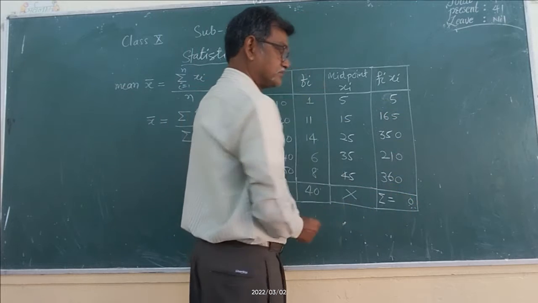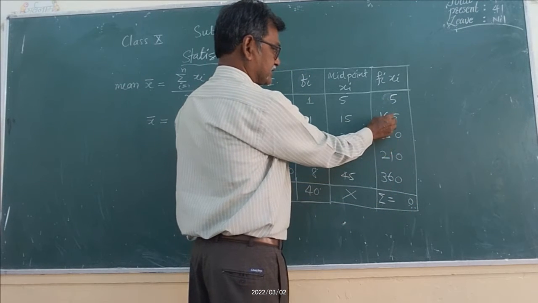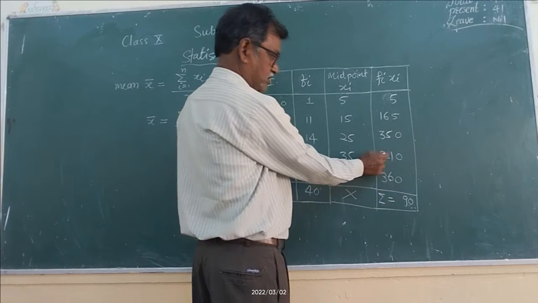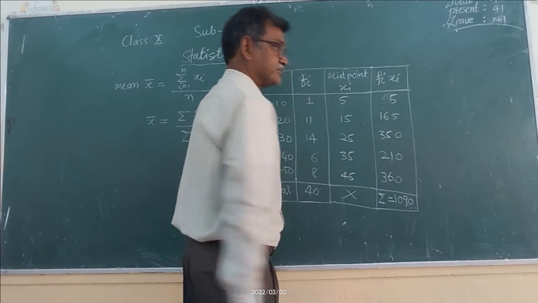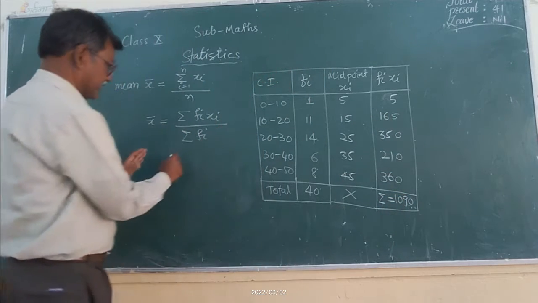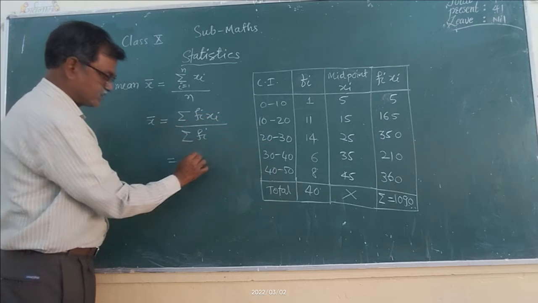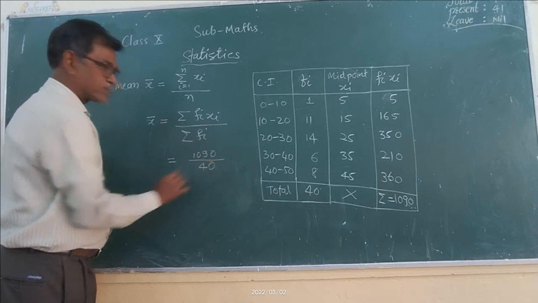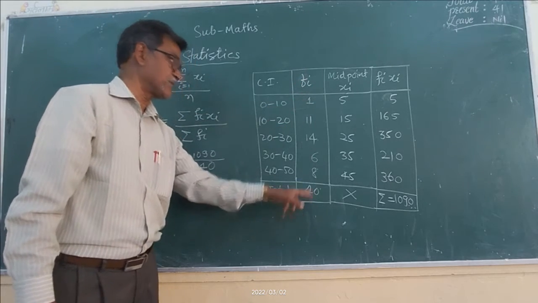The sum is 1090. Substitute that value here. So we get sigma fi xi is 1090 upon 40. 40 is the sigma of fi, meaning the sum of all frequencies, the total number of students.